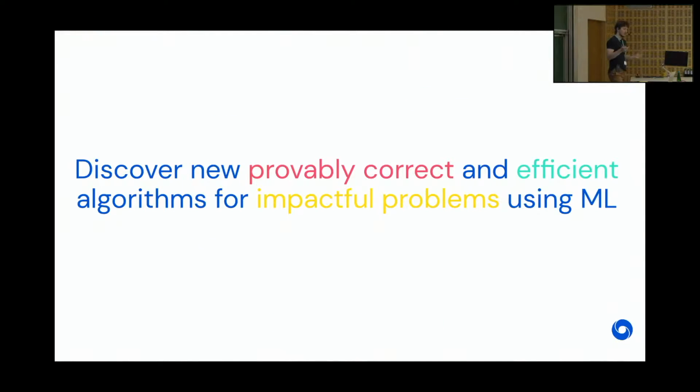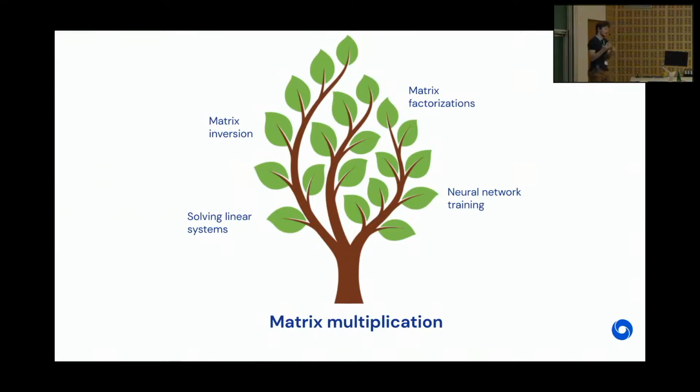Now, in general, within the science team, when we decide what sort of problems to work on, we try to identify problems that we call root node problems. What this means is that these are problems that sit at the root of the tree of knowledge, in the sense that if you manage to make some advance on this particular problem, it will immediately have downstream implications on many other problems.